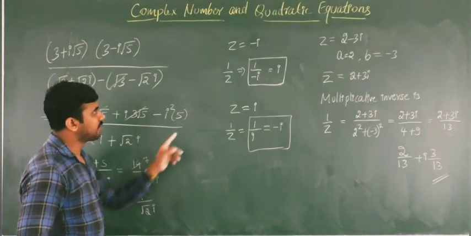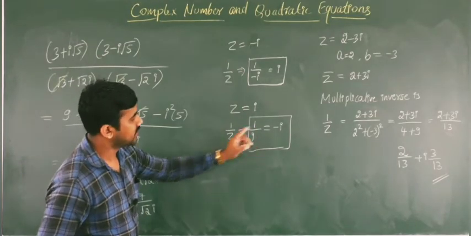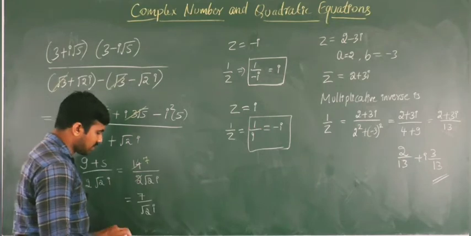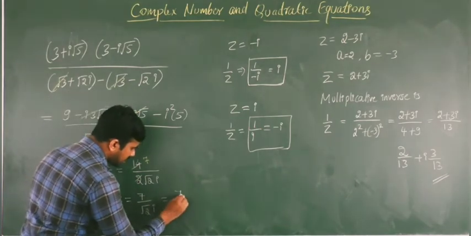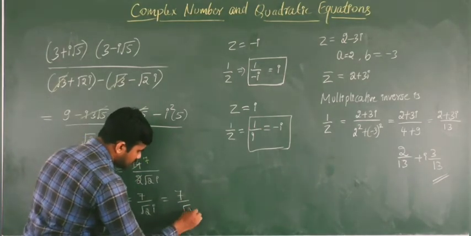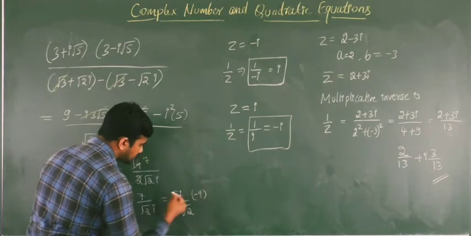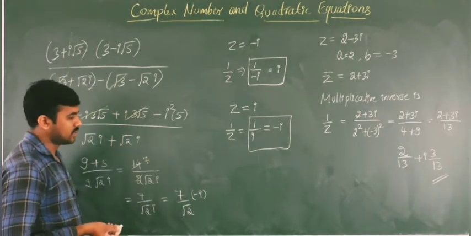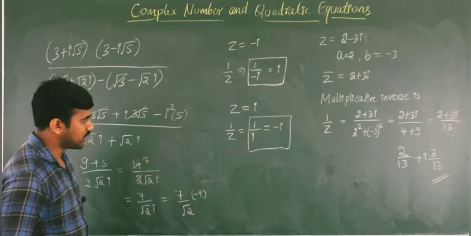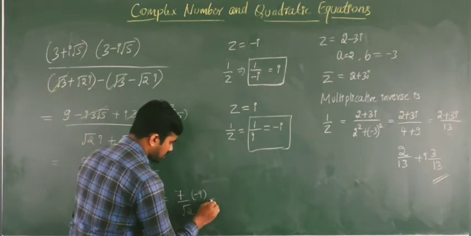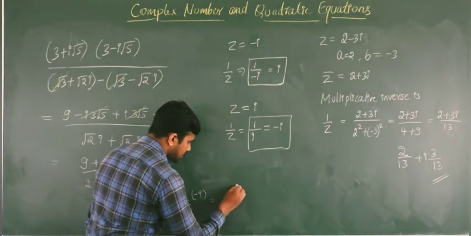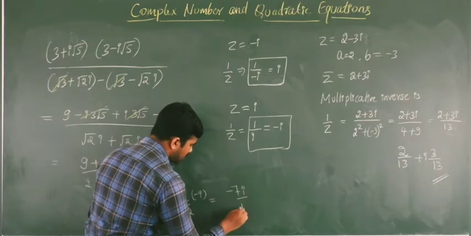But 1 by i we know is nothing but minus i. So this can be written as 7 by root 2 into minus i, or minus 7i divided by root 2.